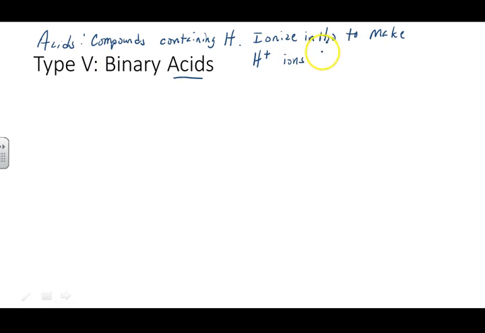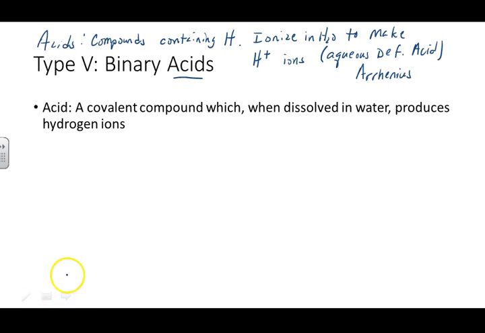This is known as the aqueous definition of an acid, also called the Arrhenius, depending on your pronunciation, definition of the acid. So again, an acid is a covalent compound, always, which when dissolved in water produces hydrogen ions.